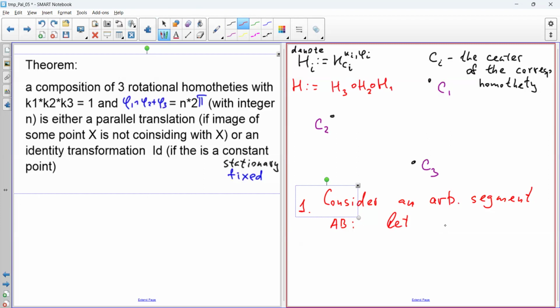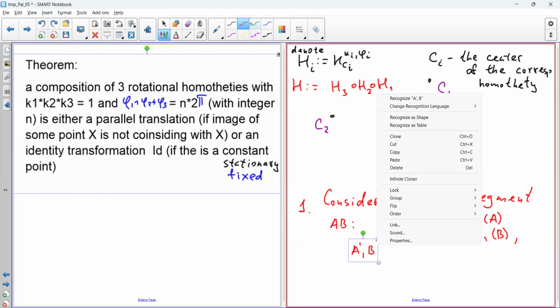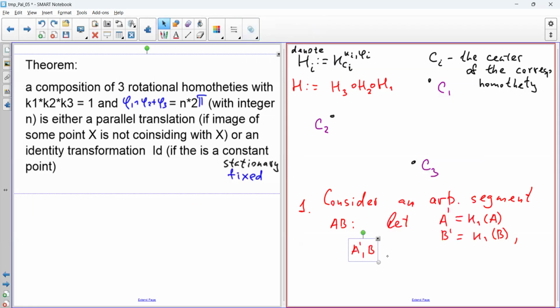Let A prime be equal to H1 of A, B prime be equal to H1 of B, then A prime, B prime would be sent by H2 to A double prime and B double prime.